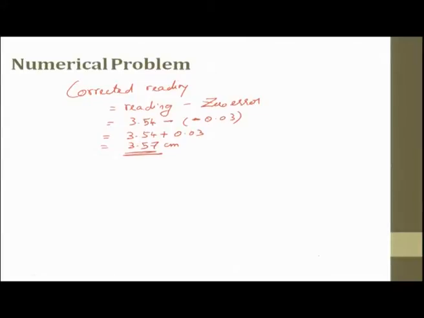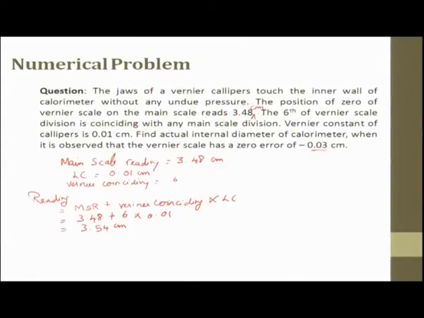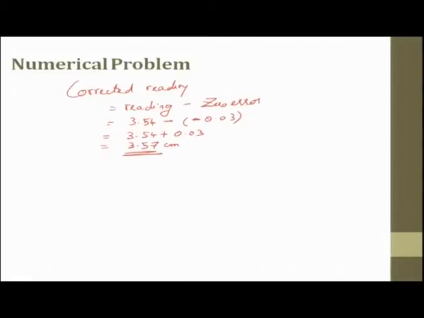So, the corrected reading will be this. For this problem, it is a very trivial problem: main scale reading plus vernier coincidence into LC. So, now what we say is this is the minus value. So, reading minus zero error, this minus gets compensated. So, it becomes plus, and then the final answer is 3.57.